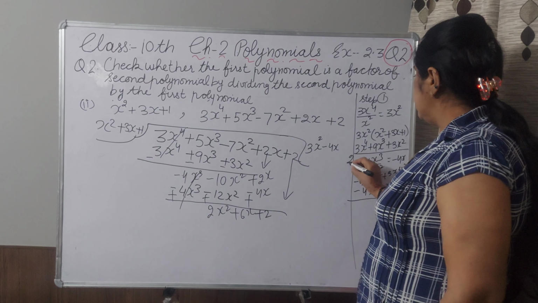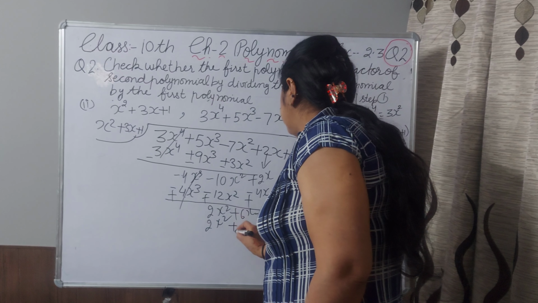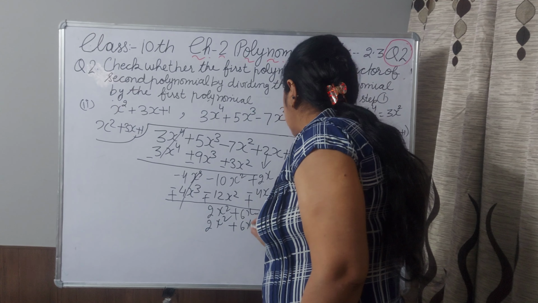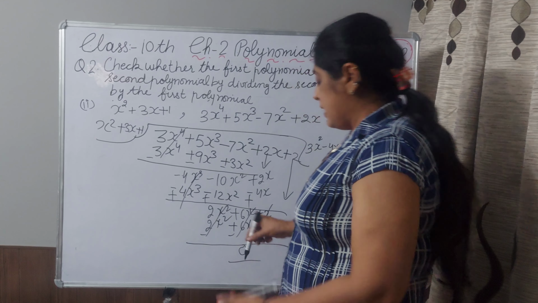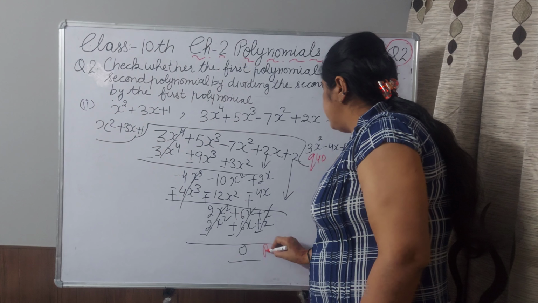This 2 multiply by 3x, 6x. This 2 multiply by 1, plus 2. Minus, minus and minus, this will be cancelled, this will be cancelled and this will be cancelled. And this is your quotient and this is your remainder.